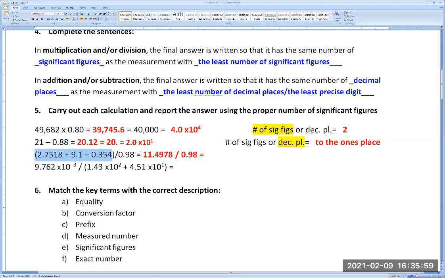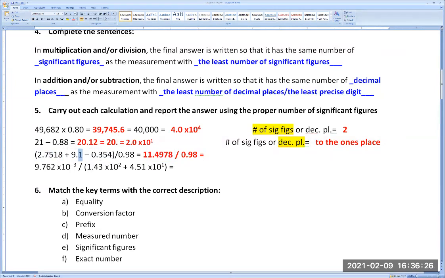Even though we will keep every digit that the calculator gives, you notice how I kept everything from the calculator. You need to decide if you were to round, where would you stop? Where would be the least precise digit? So in the first measurement, there are 4 decimal places.